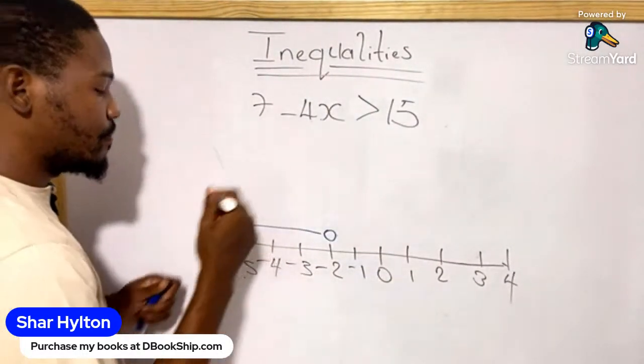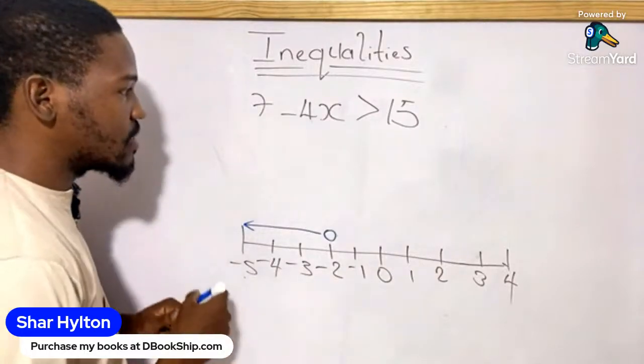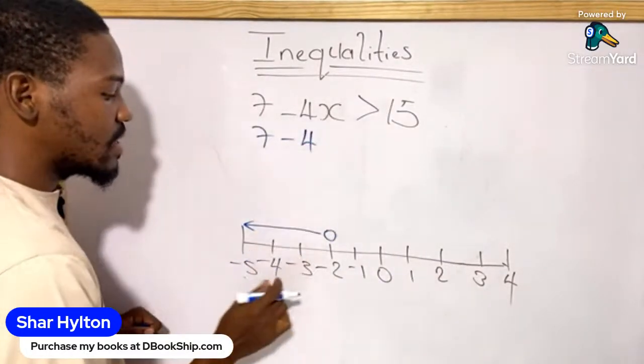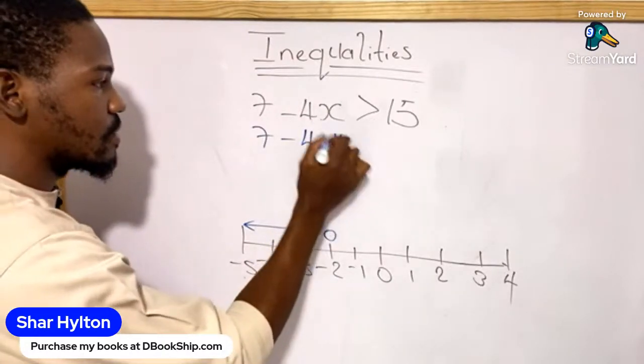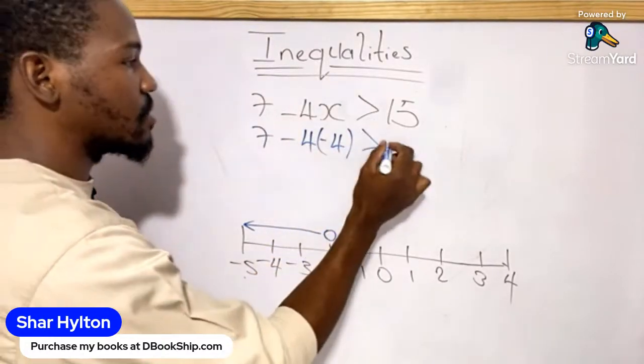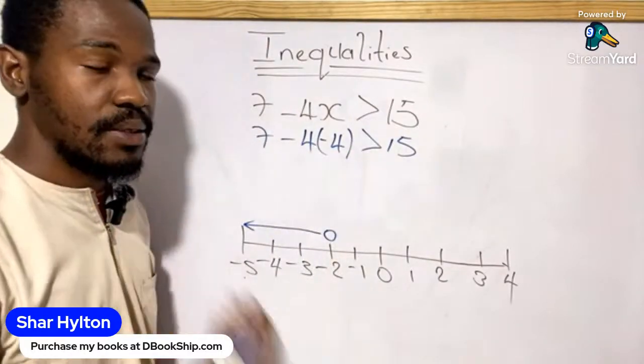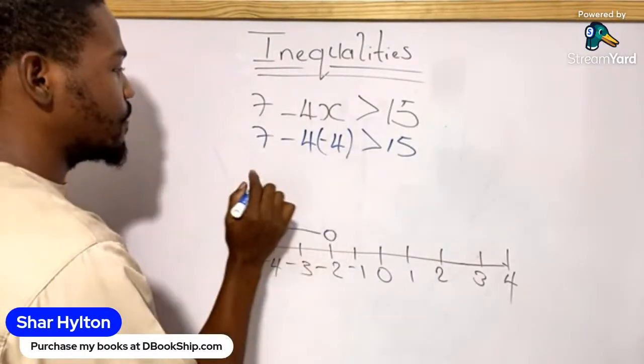So if we had 7 and we can choose any number now to represent x. Let's say that x is negative 4. And we say that that is greater than 15. Now when we are checking, we keep everything as it was, even the sign.